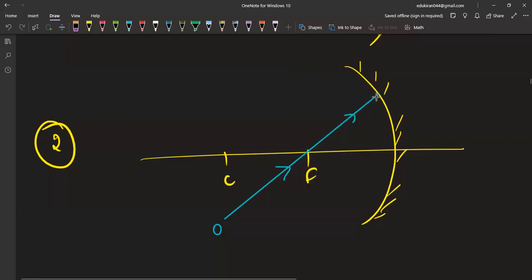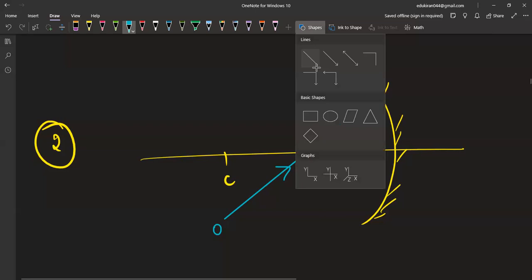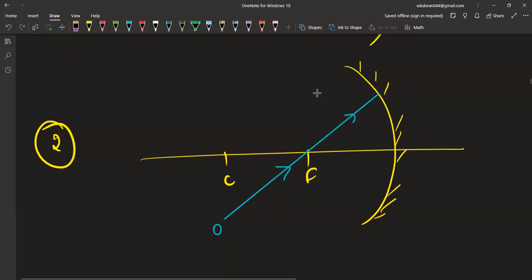So this is exactly the reverse of what we have seen in the first law. The first law said that if a ray of light is coming from infinity, right? So what happens if the ray of light is coming from infinity, like infinity was here, and the ray of light was coming like this. This was the condition.